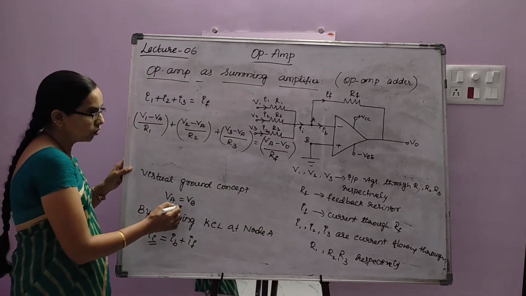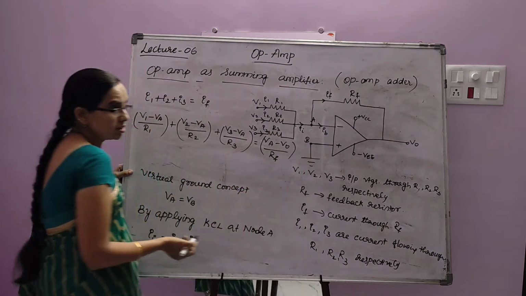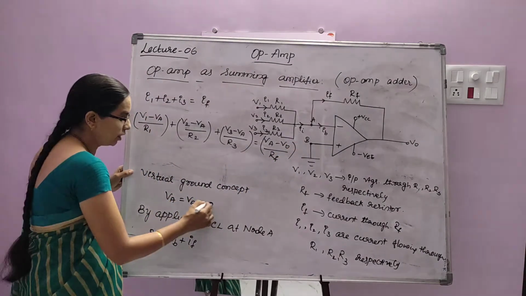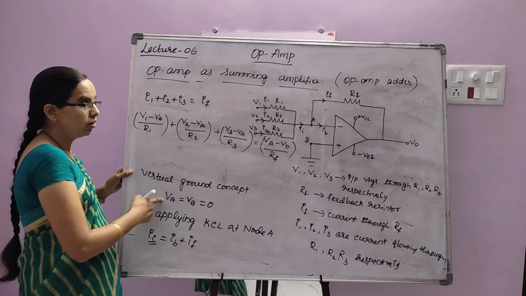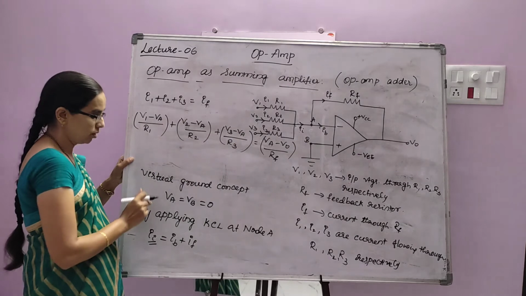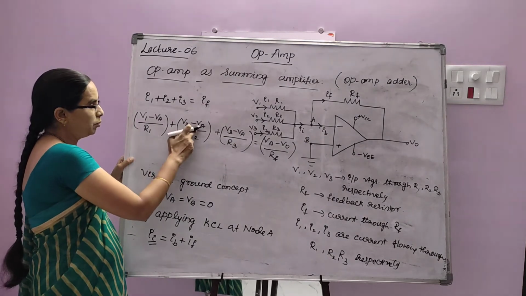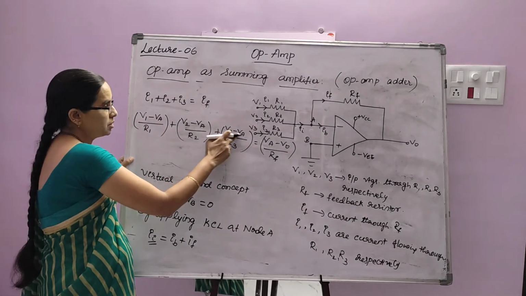So by the virtual ground concept, VB is grounded, so you can treat the voltage at point A also as ground potential or zero potential. So the potential at A will be 0.